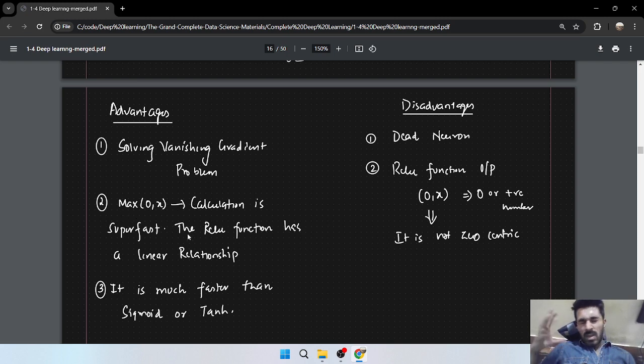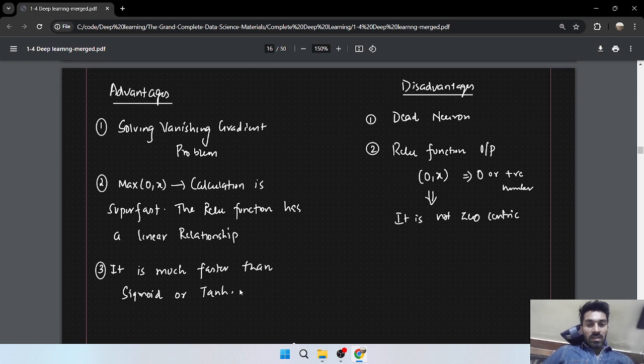You see the calculation is very fast, because here you don't even need a calculation, only max of 0 comma x. If it is less than 0, then it is 0, and if greater than 0, it will be that number only. So the calculation is very fast. So this is the advantage. It is much faster than sigmoid or tanh.